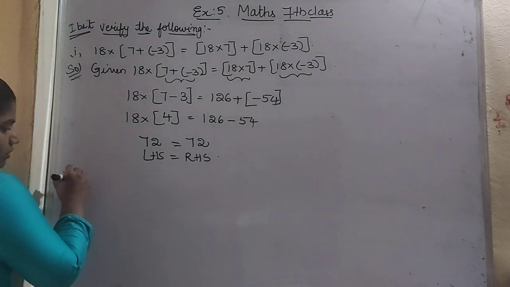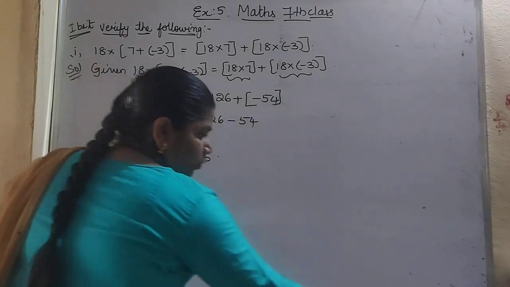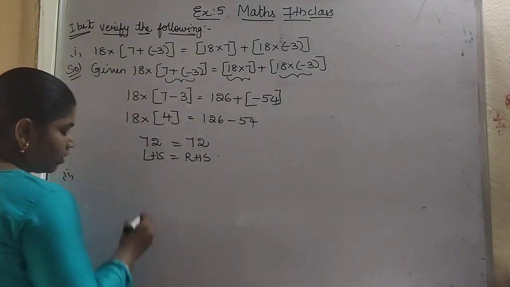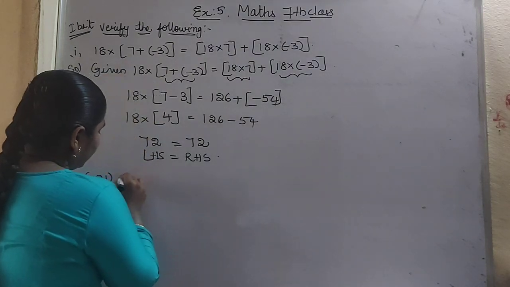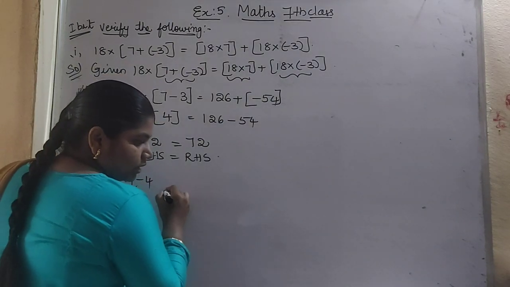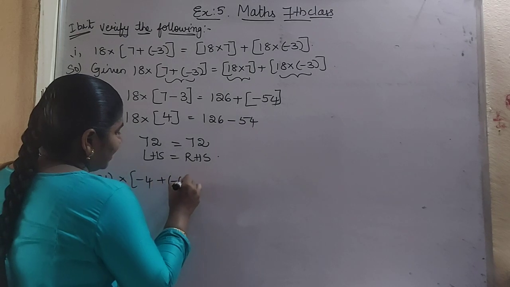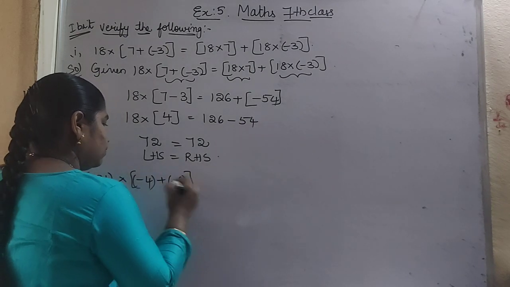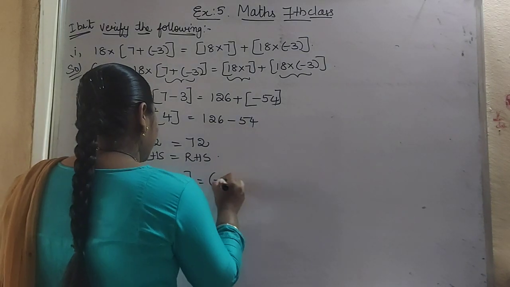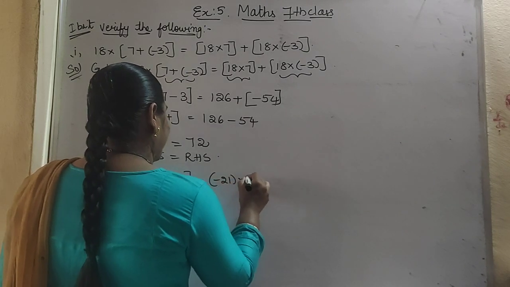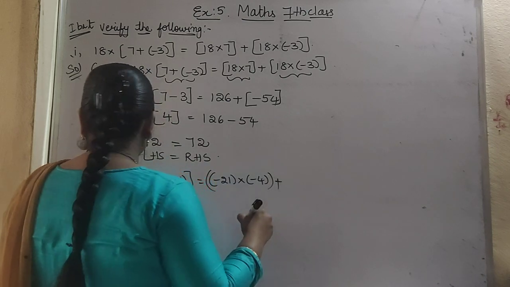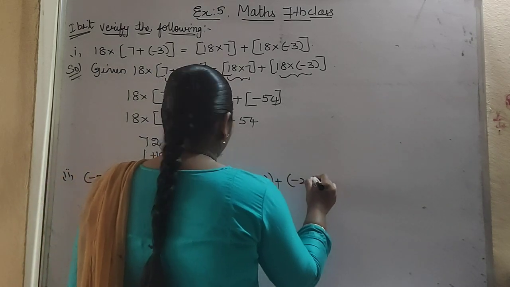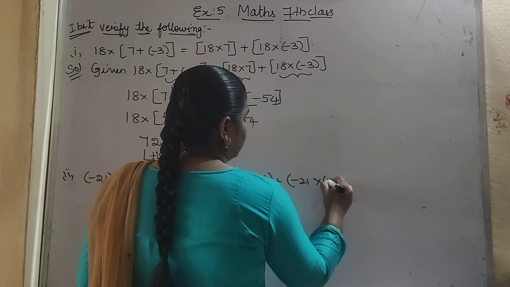So both are equal. So distributive property has been satisfied. Now the second one in this: minus 21 into minus 4 plus of minus 6 is equals to minus 21 into minus 4 plus minus 21 into minus 6.